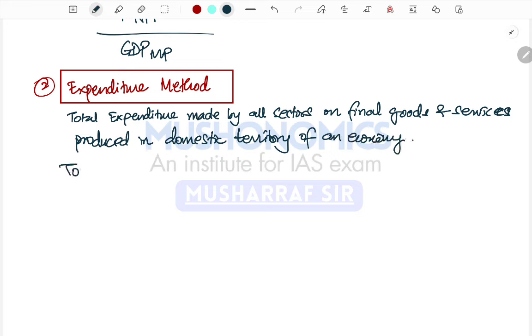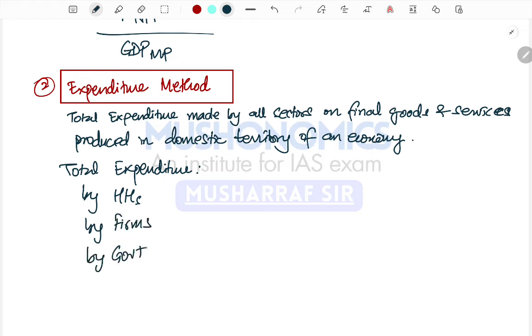So if we talk about total expenditure in an economy, how can we calculate it? Total expenditure by households we can take, total expenditure by firms we can take, total expenditure by government we can take, right? And total expenditure from the external sector.